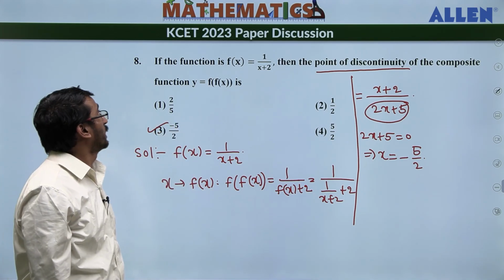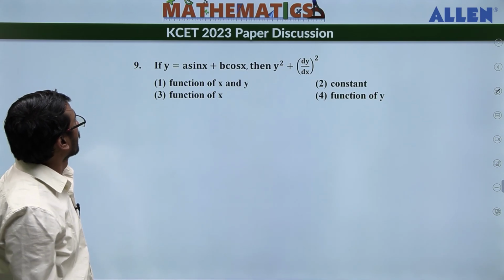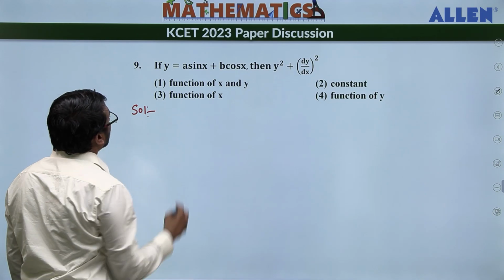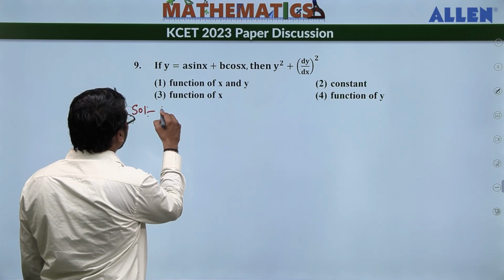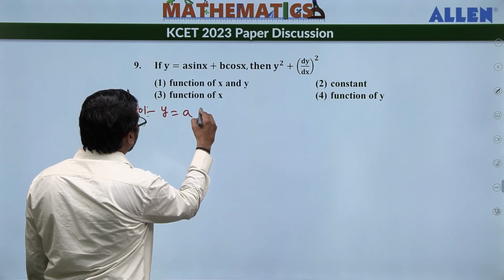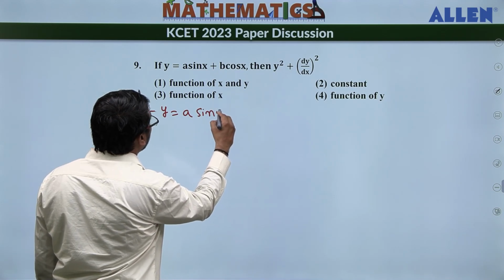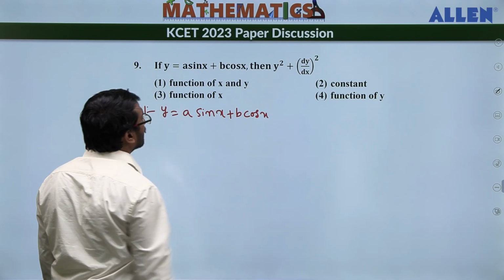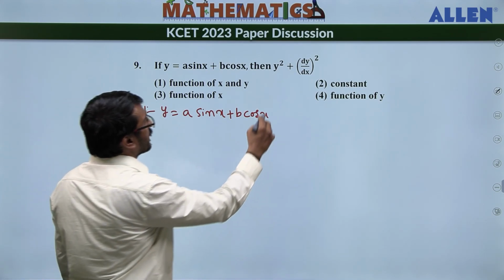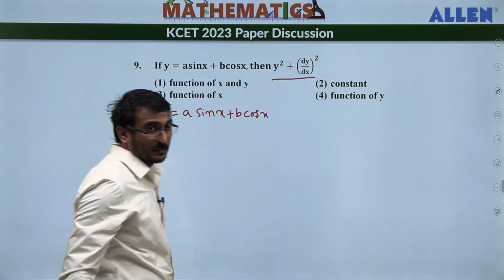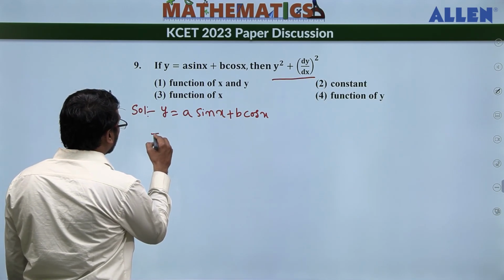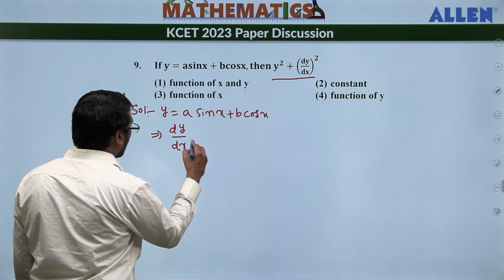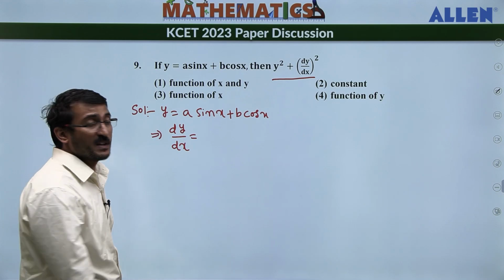Now, shall we move on to question number 9? This one. y is equal to a sin x plus b cos x. We have to find y square plus dy by dx whole square. What is dy by dx? A cos x minus b sin x.